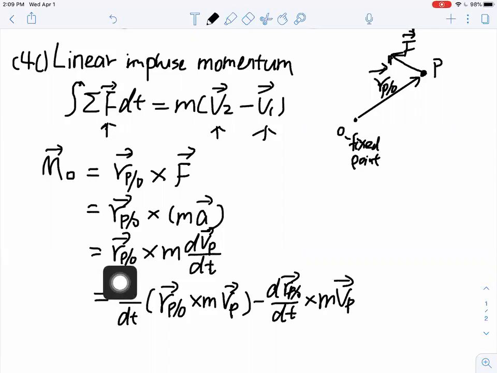Like, how do we just jump from this step all the way to here? So this is a trick. It's magic.